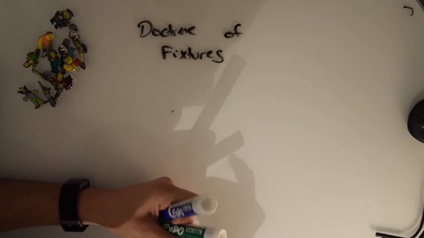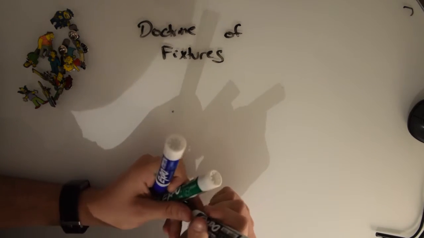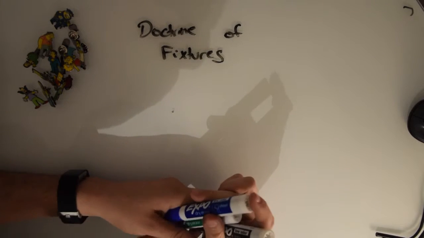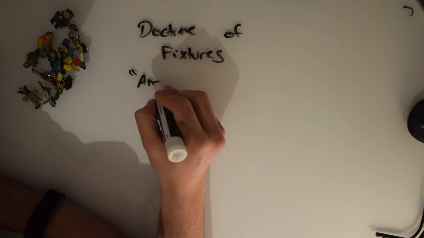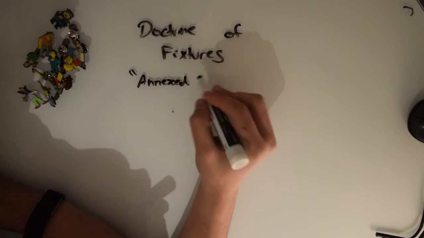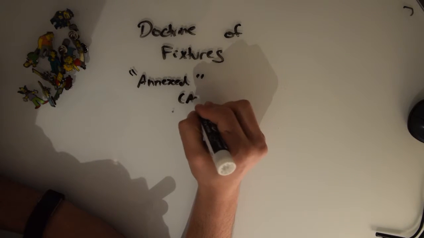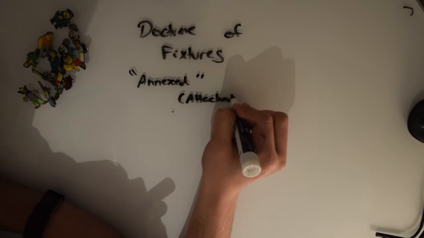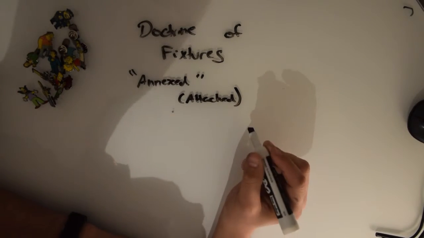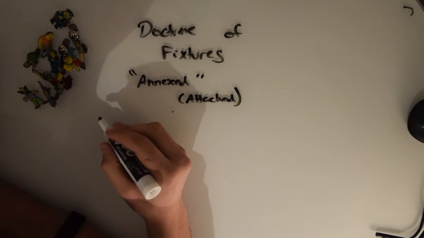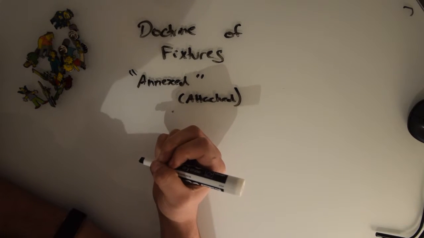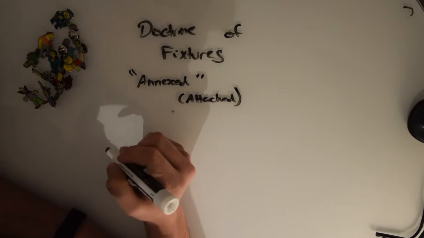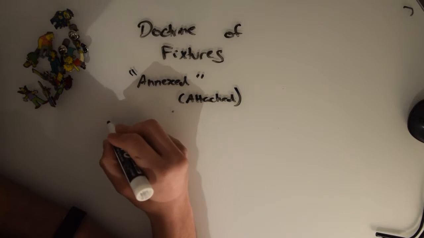So the doctrine of fixtures provides that personal property may become real property if it's annexed or attached to real property. So you could have personal property such as a heating system or an air conditioning unit.